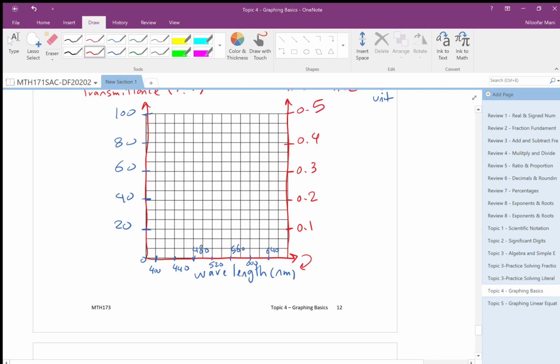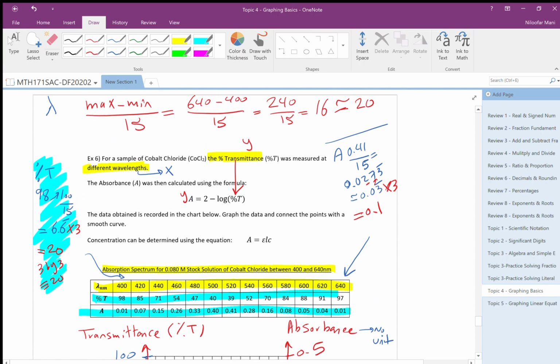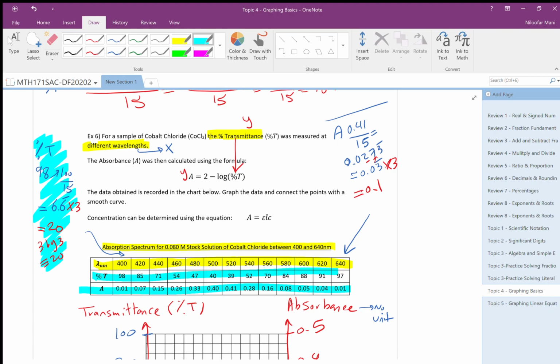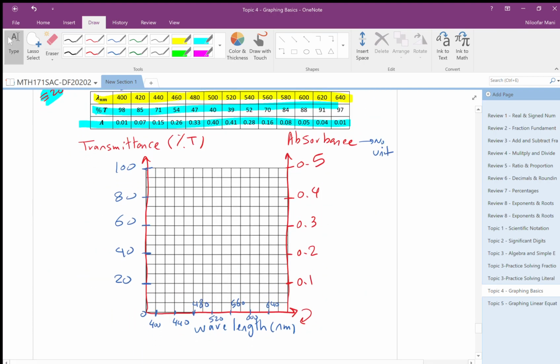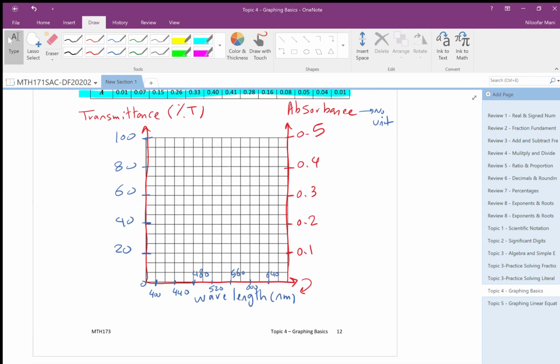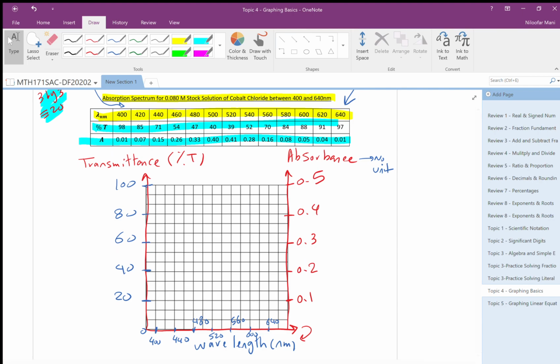Oh, perfect. I included everything. Okay, so good. Now I can do this, right? Now I can find all my points here. So I do one graph for these two, and I do one graph for these two.